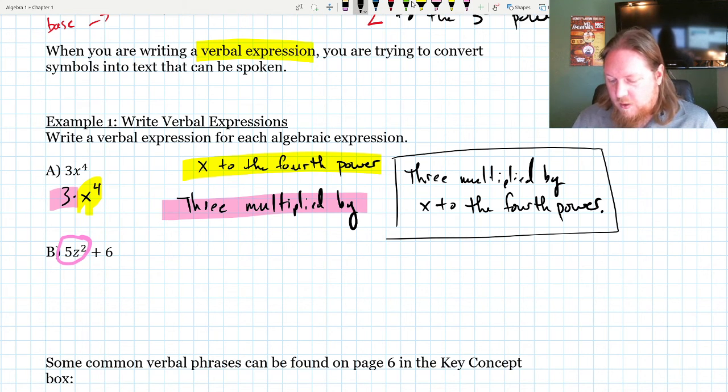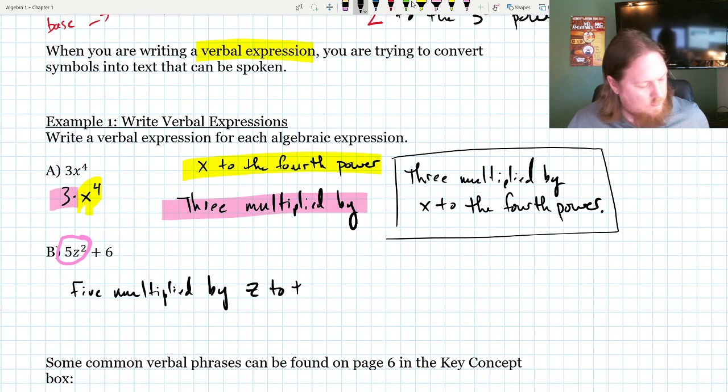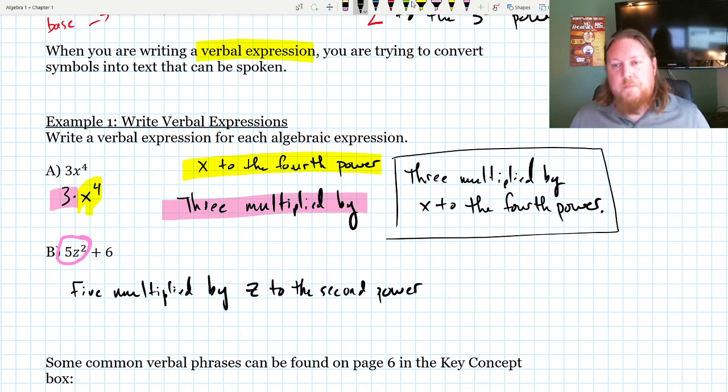I know that that whole part circled in pink there is 5 multiplied by z to the 2nd power.